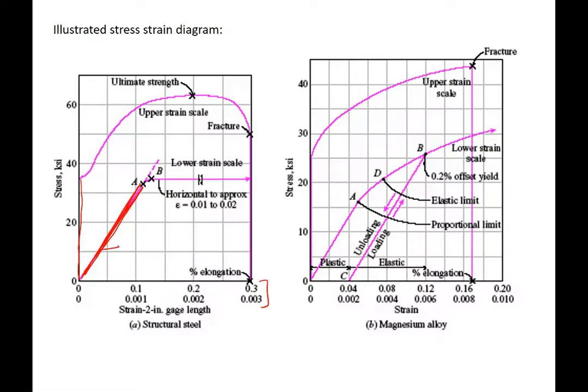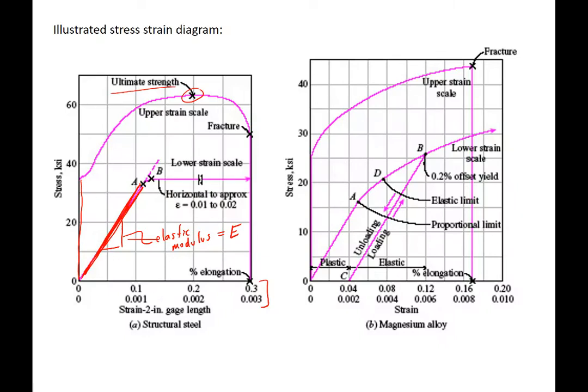And the slope of this straight part here is our elastic modulus, which we specify as E. And one thing that you'll notice up at the top here is the ultimate strength. That's the spot at which the material can't support any more stress than that. That's the ultimate stress that it can take.